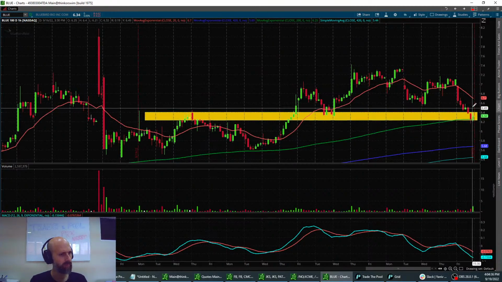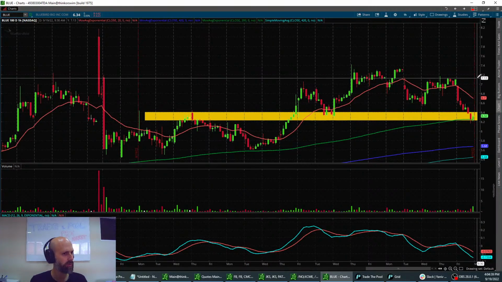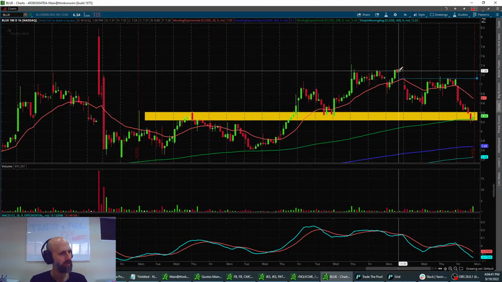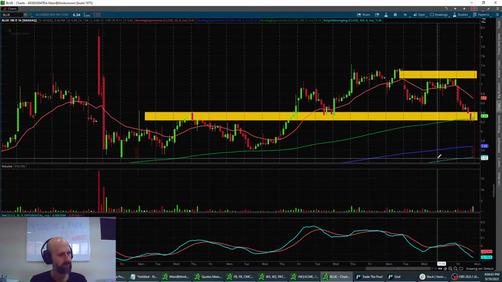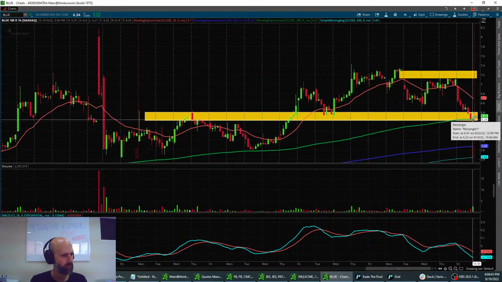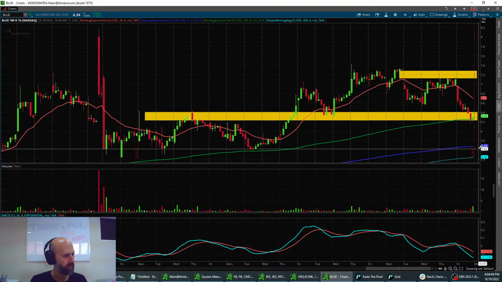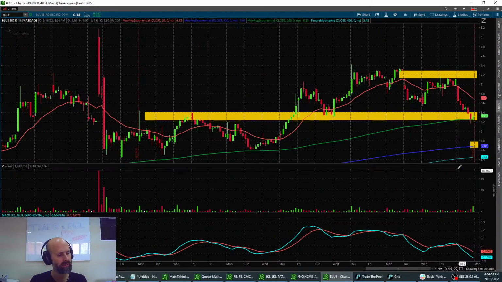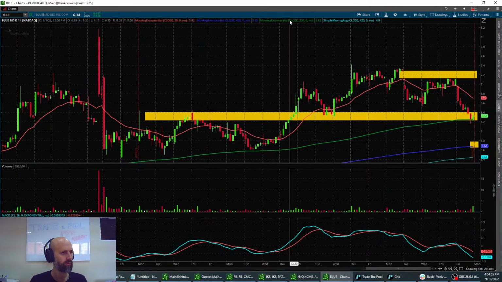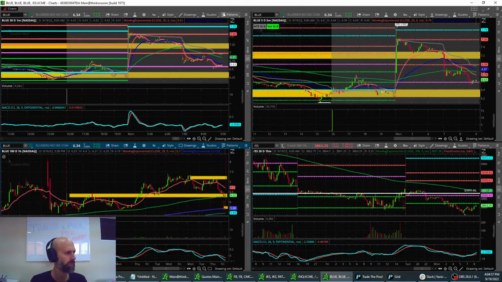If we bounce from it, great, it might go all the way to 7.20, 7.30. And if not, and it breaks down below the 6.20, we should expect a nice momentum move all the way to the 5.60. So those are the levels that I would have played with.